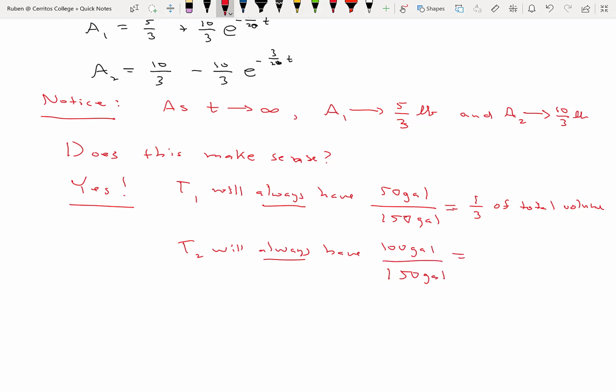And 100 over 150 is 2/3. No big surprise. So tank 1 is always going to have 1/3 of the mixture in it. The concentration of salt is changing in each tank continuously.